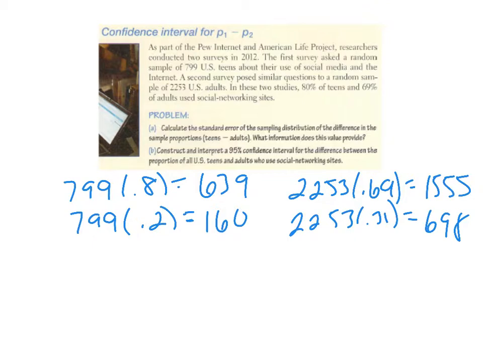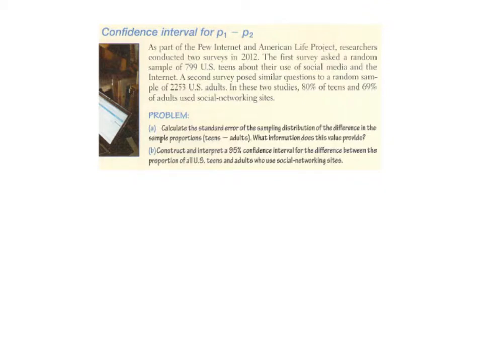So for the do step, I need to show my critical value, right? Remember my critical value, my z with the asterisk, is 1.96 for my 95% confidence level.